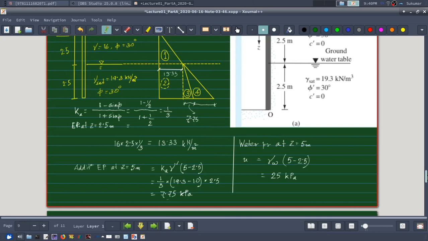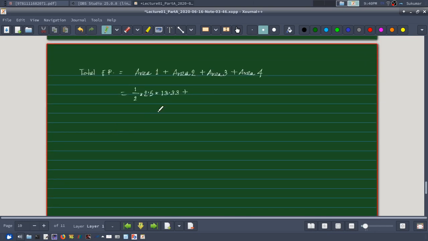Then area 2 is 13.33 into 2.5, plus area 3 is half of the base, 7.75, into height 2.5 again, plus the area due to water pressure, half into 25 into 2.5.